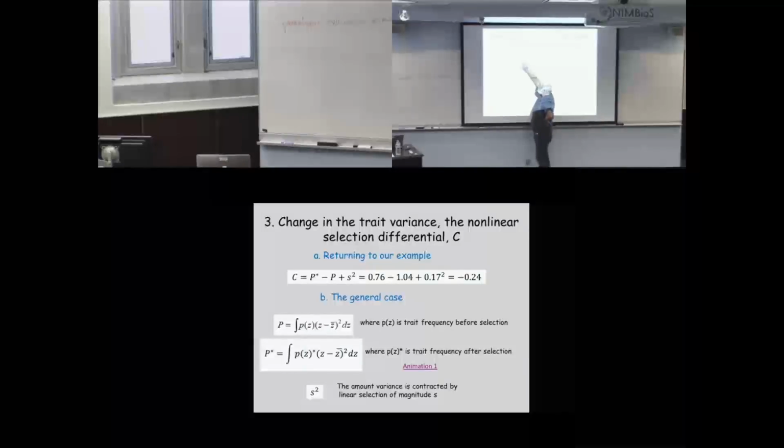But I'm going to add this peculiar term, S squared, where S is the selection differential we just talked about, the shift in the mean. And why would we do this? The reason is that it turns out that when we work through this expression, C is also equivalent to a covariance. And that's the justification for adding this correction term.